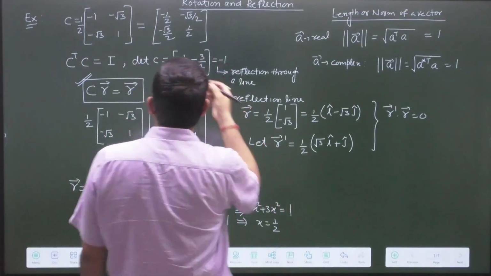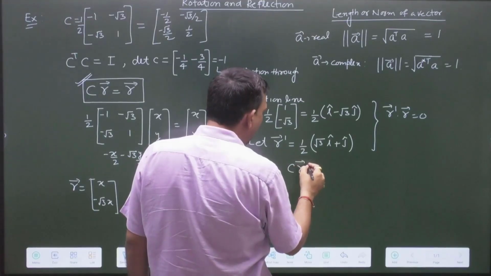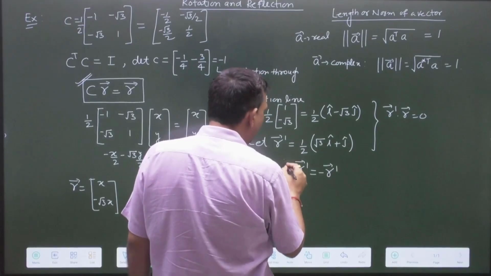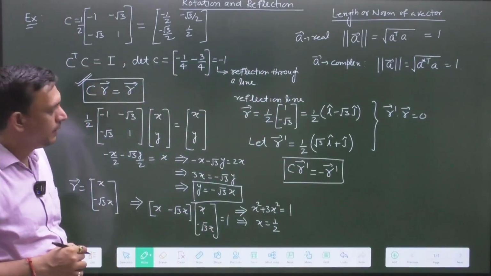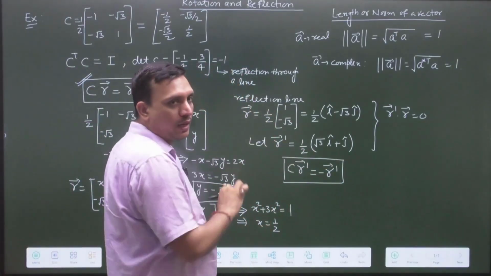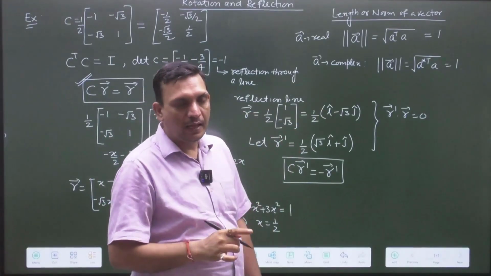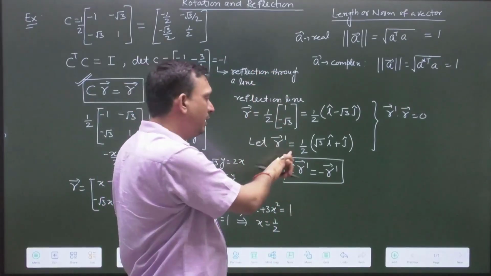So if you operate matrix C on R dash, what will you get? This will give you minus R dash. You can easily verify this, because R dash is perpendicular to R. So if R is the reflection line, and you operate matrix C on any vector perpendicular to the reflection line, it will change sign.